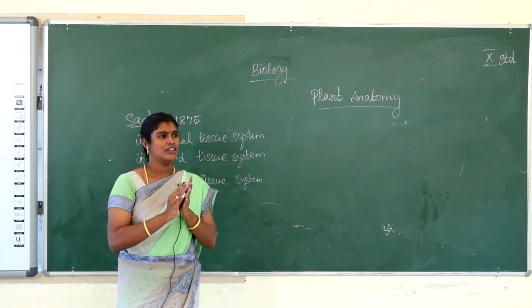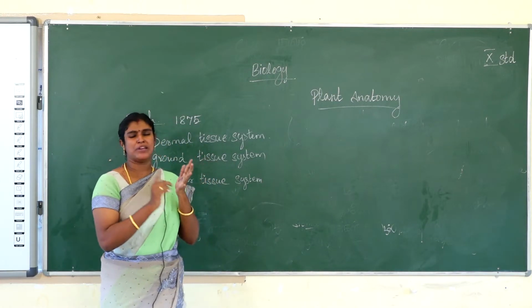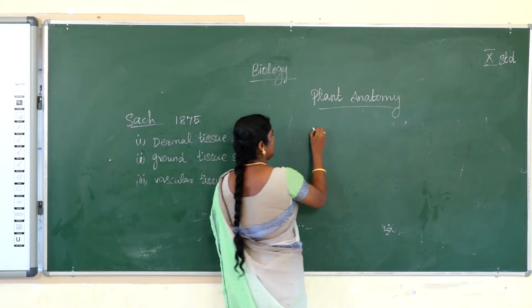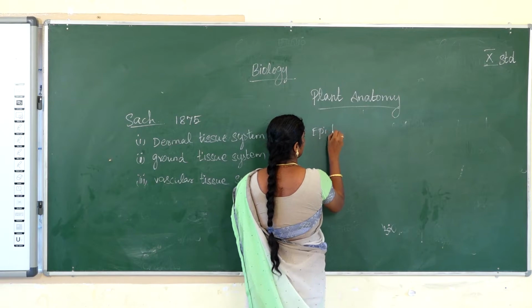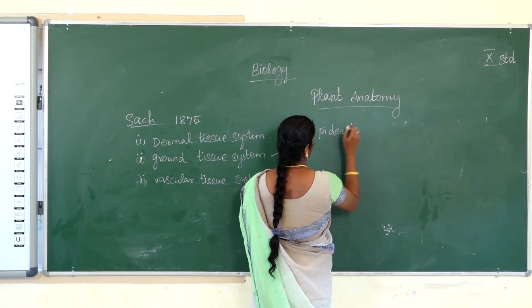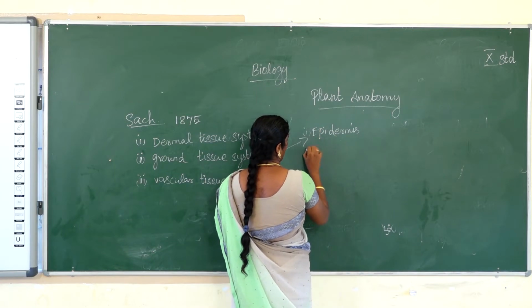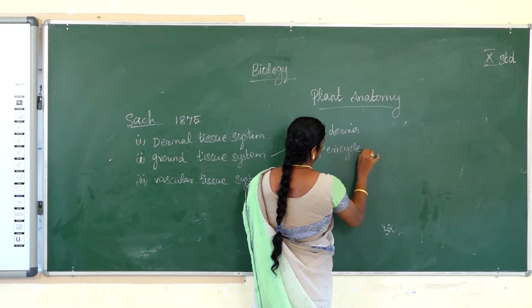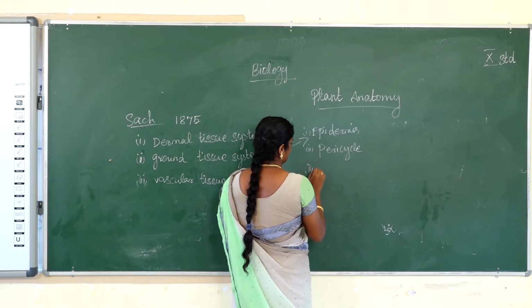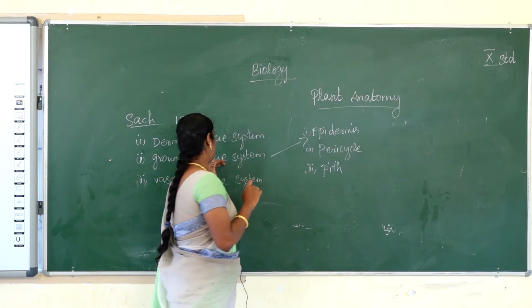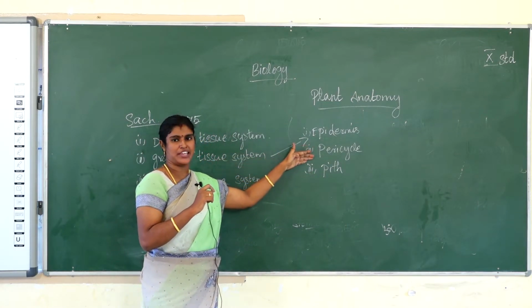Which tissues are these? Ground tissue system includes the epidermis, pericycle, and pith.